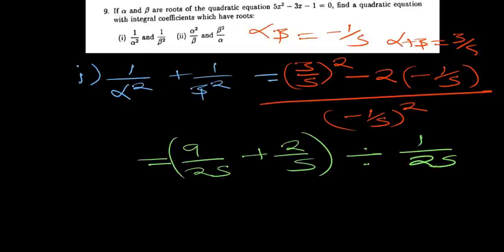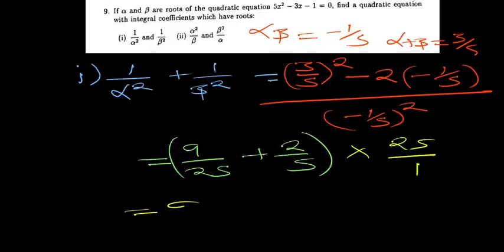The other way you can actually do this faster is by mod. Instead of dividing, you can multiply by a reciprocal. The reciprocal is 25 over 1. So if you multiply the first one by 25 over 1, you're going to remain with just a 9. The second one, 5 into 25 is going to be 5 times 2, 10, and the answer gives us 19.